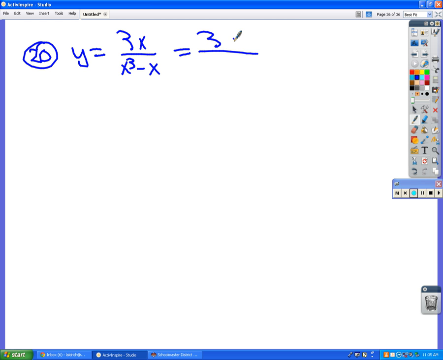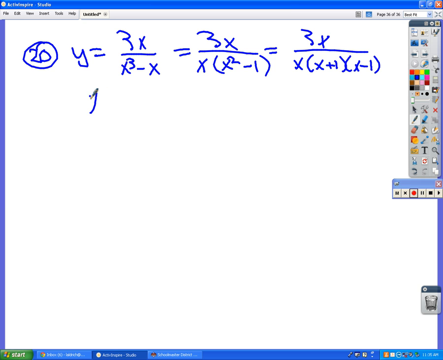Okay, so what can I factor out of the bottom? X. What will that leave me? X squared minus 1. Well, that's fun. What does x squared minus 1 factor into? X plus 1, x minus 1. Okay?